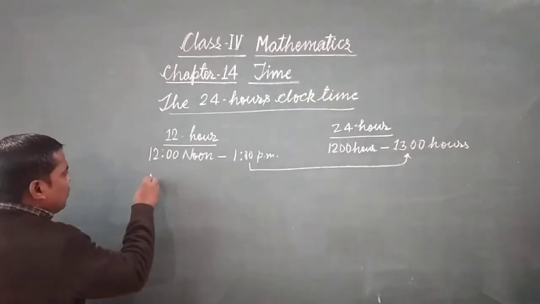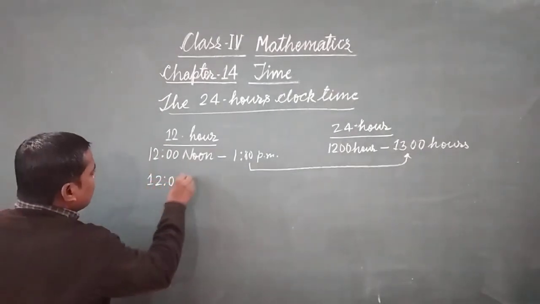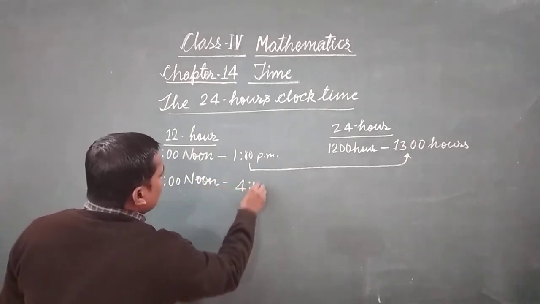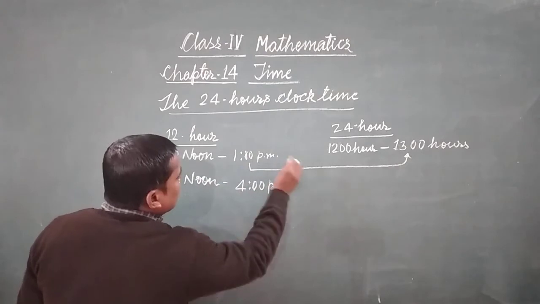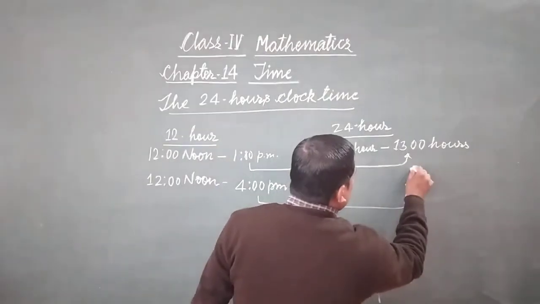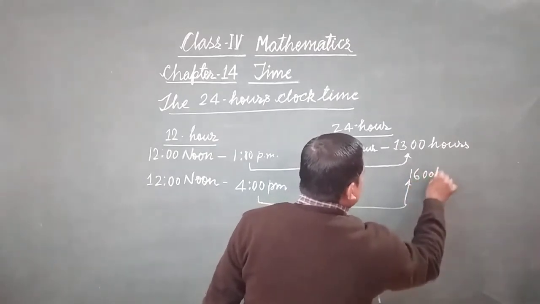If after 12 noon it is 4 p.m., then it is written 16 hours.